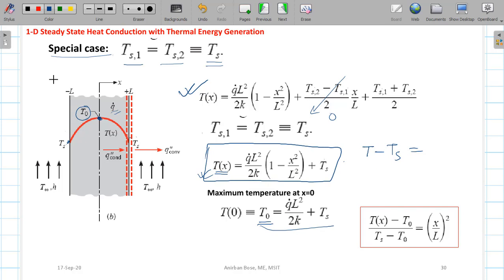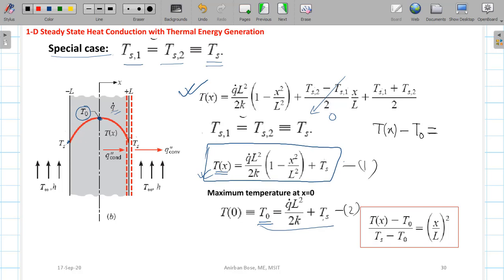Or what you can do instead, you can simply subtract these two. Okay, if you subtract equation 2 from equation 1, it will give you T at x minus T0, and that is equal to this minus this is equal to this.